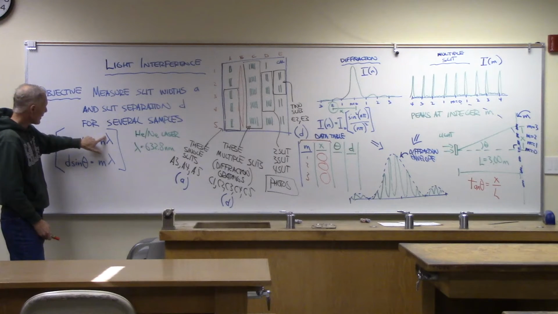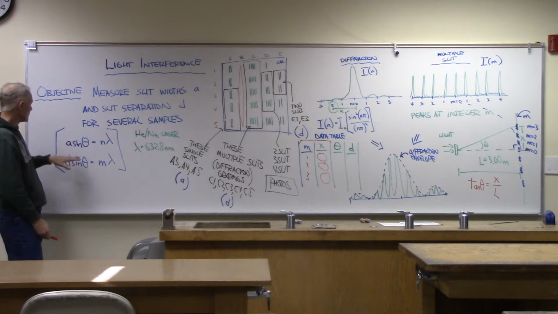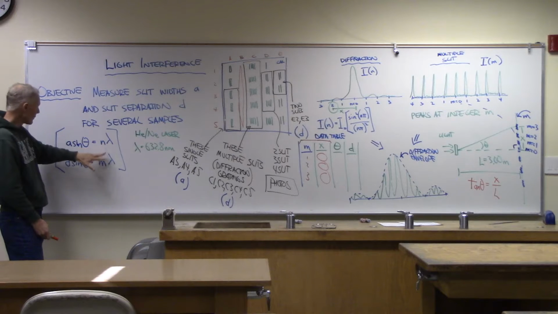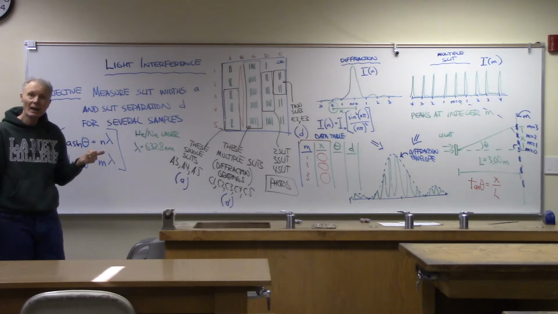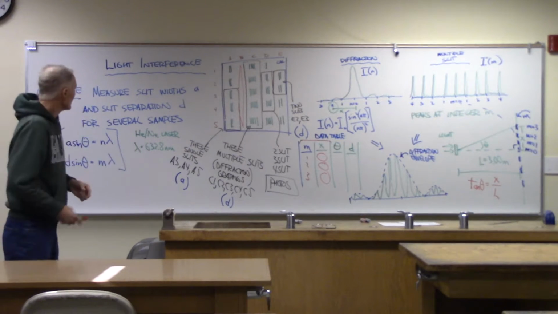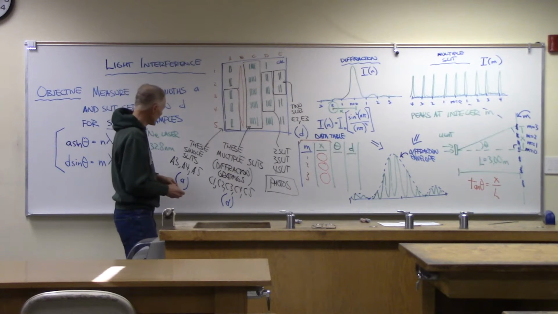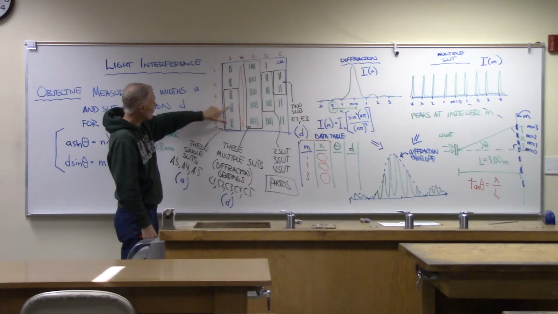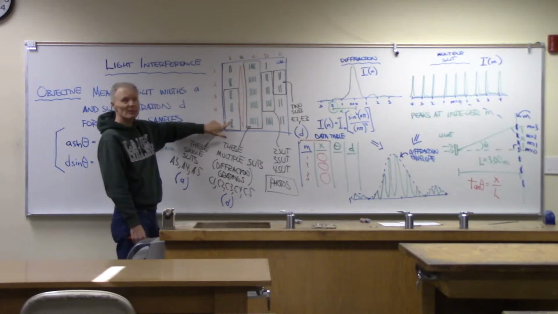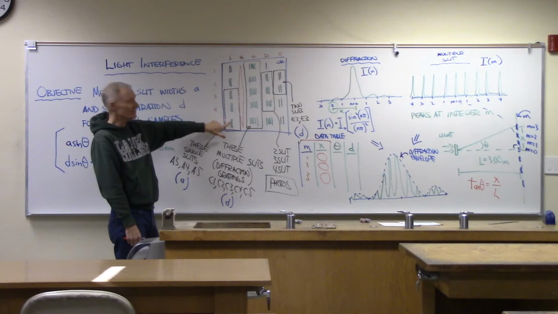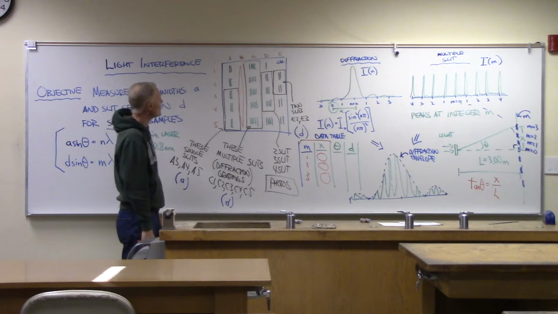But now that we've got the wavelength written down, and we've determined the angle, and we know the n and m values, we can solve for a, we can solve for d. What this chart is telling me is, when I'm solving for a, I'll come over to these purely diffraction examples and get some a measurements there.